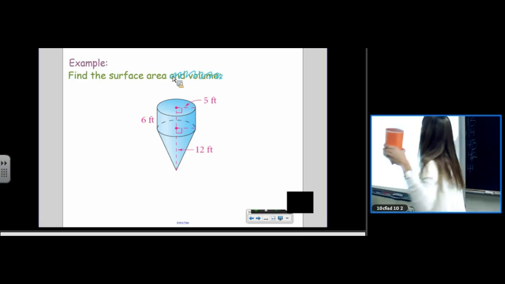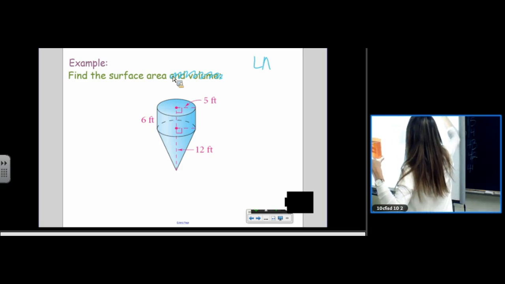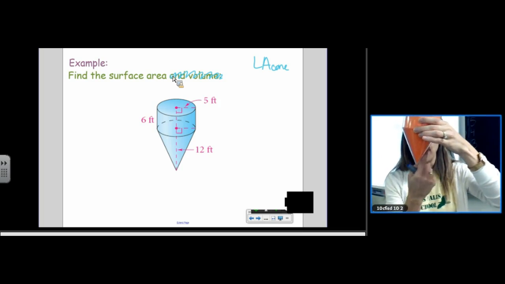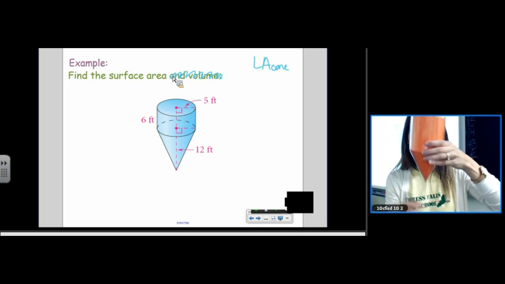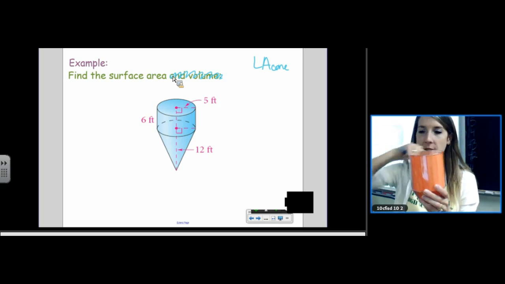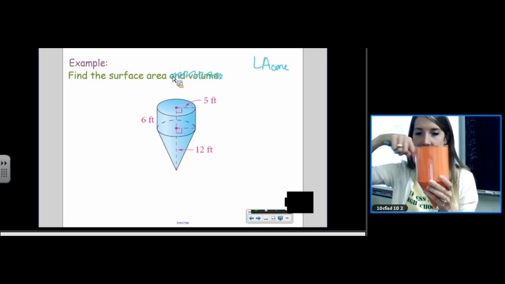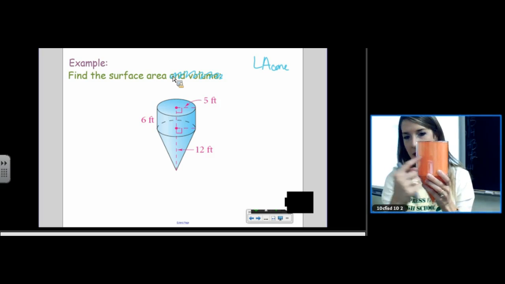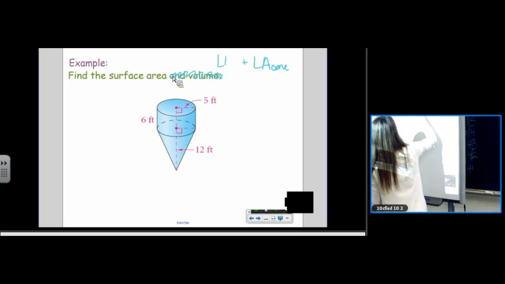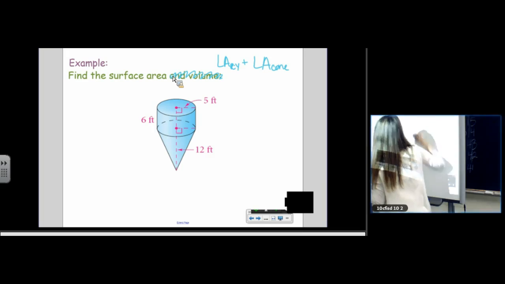Good. It would be the lateral surface area of the cone. So that's something we need to go find, the lateral surface area of the cone. Now let's go here. What would we need to find if we wanted to find this? Just what I'm touching. Good. The lateral surface area of, you said prism, cylinder.